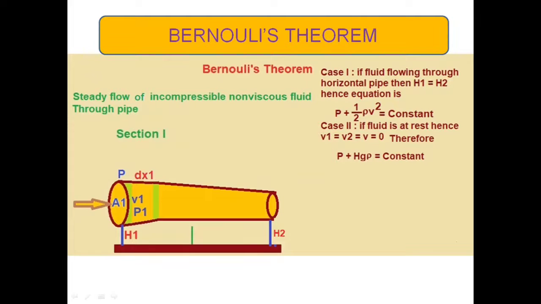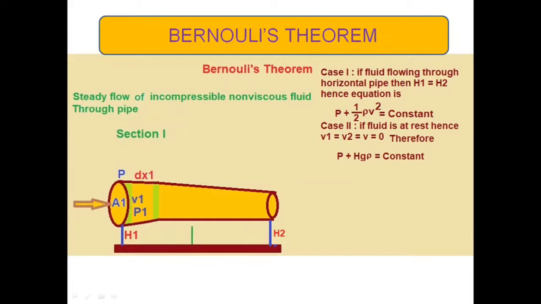There are certain cases. If the height of the pipe is equal, then what will happen? If there is no flow, and the speed of the molecule is 0, then what will happen? So we will see case 1. If fluid is flowing through a horizontal path, then H1 is equal to H2. Hence the equation becomes P plus 1/2 rho v square is equal to a constant.